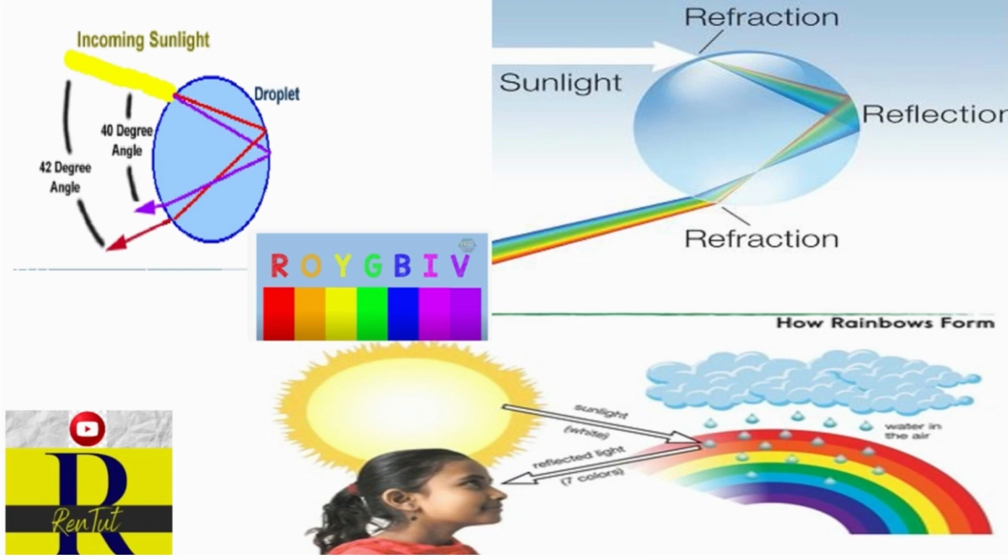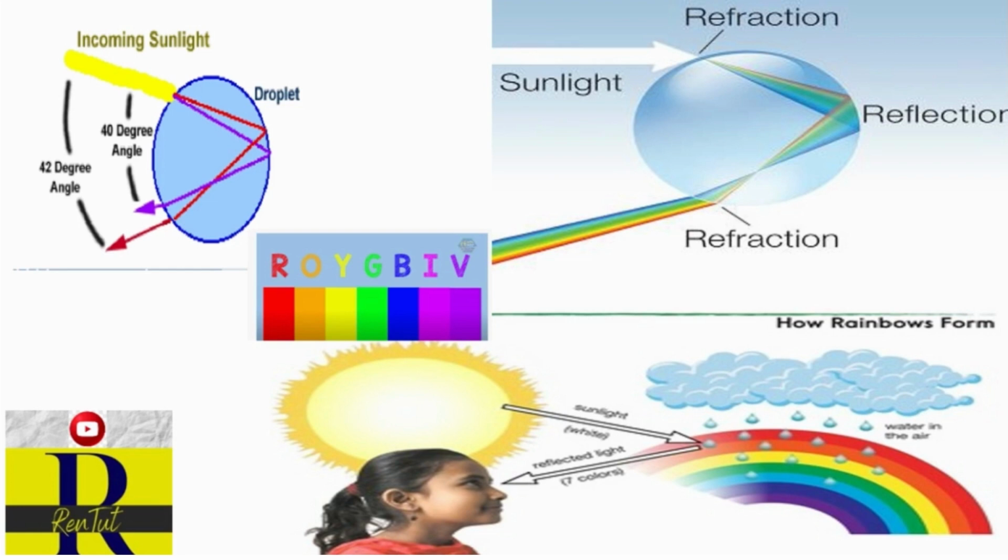Okay, 40 degrees. So now what is happening is that you can see the picture shown at the bottom. It is showing how rainbows are formed. From the cloud, water droplets come. Suppose it is drizzling, not a heavy downpour, just drizzling.